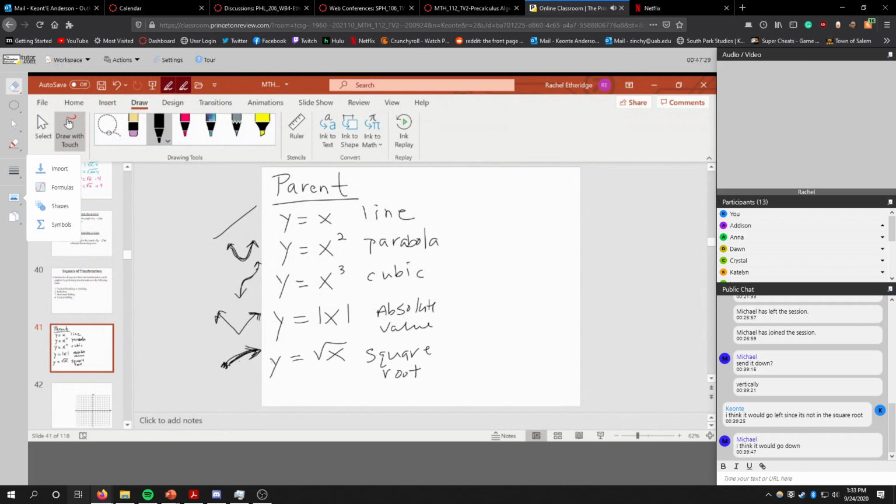And then every function has a transformation form, and it makes things a lot easier. So, transformational form.